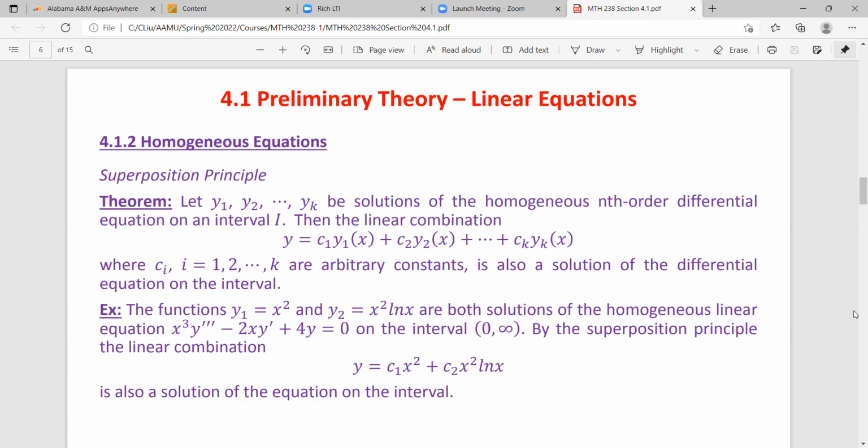If you write y equals c1 x squared plus c2 x squared ln x, you get another function, and you can easily check that this function is also a solution to the differential equation if we plug y into the equation, like we did before. Any questions?